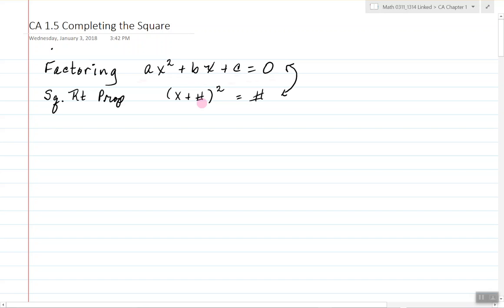The process for doing that is called completing the square. That's where we are today. Completing the square.